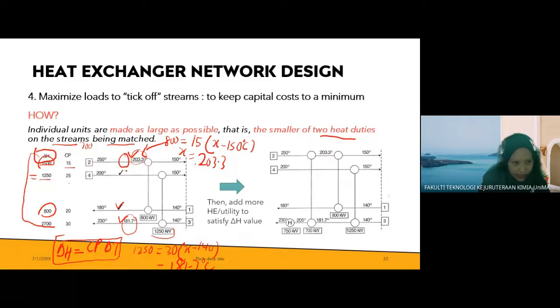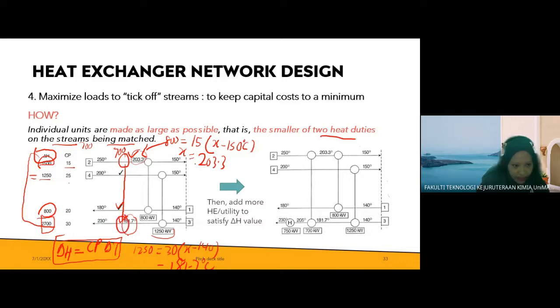Okay, now we have calculated for this stream already. Done. And okay, this stream, the total heat load is 2,700, okay, minus 1250. Right, this one just now 700, okay, because this stream also doesn't reach the total, so you just pair with this stream.